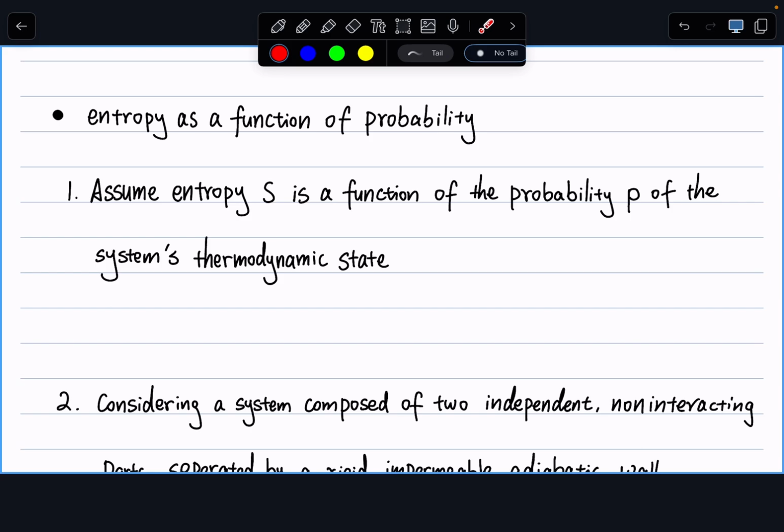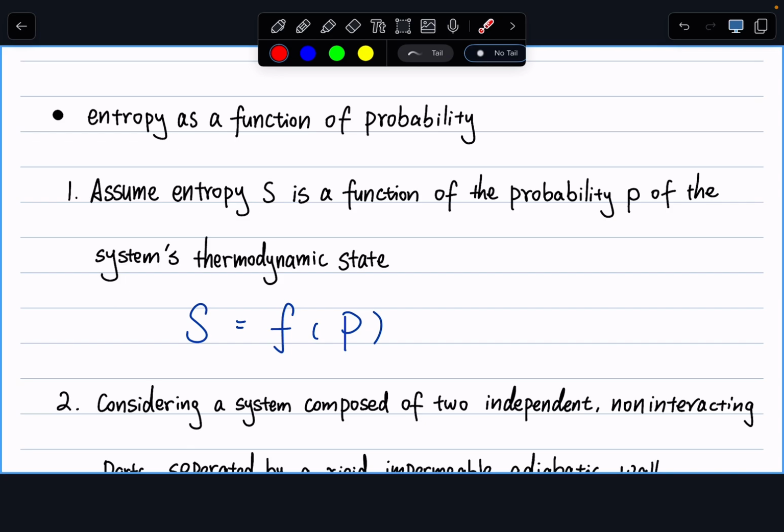I do not specify what it is, we just say S equals some function of probability, right? Because the whole point we're making here is that both probability and entropy are maximized at equilibrium. So they must be linked somehow, but we don't know exactly what that link is. So now we're trying to find out what this function is.